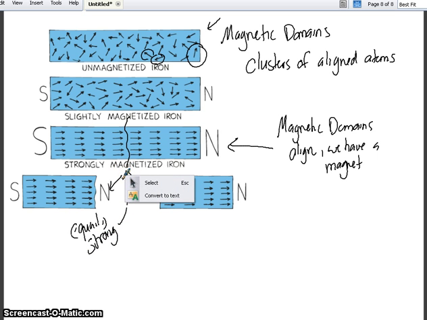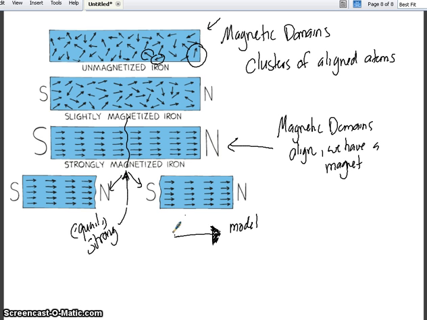As you can see here, these magnetic domains are represented by an arrow. An arrow is just a model, a picture we use to understand it ourselves. But every single arrow has a tip and a tail, a head and a tail.